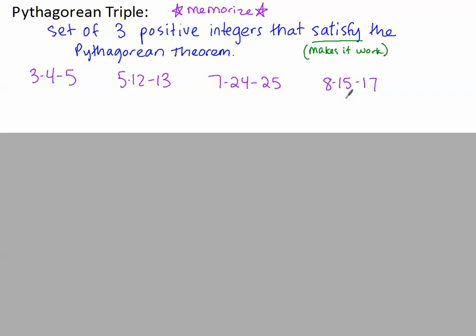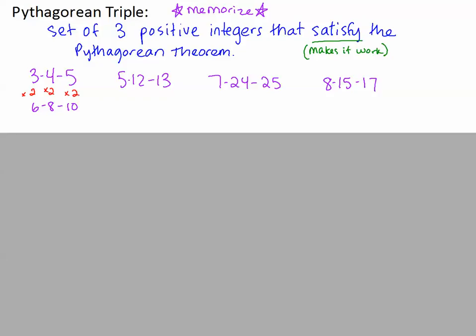Remember, we studied similar triangles recently? Well, similar triangles can be created by multiplying all of these sides by the same scale factor. For example, if I take the 3, 4, 5 triangle and multiply all 3 sides by 2, that makes a new triple. 3 times 2 is 6, 4 times 2 is 8, 5 times 2 is 10. 6, 8, 10 is a triple.